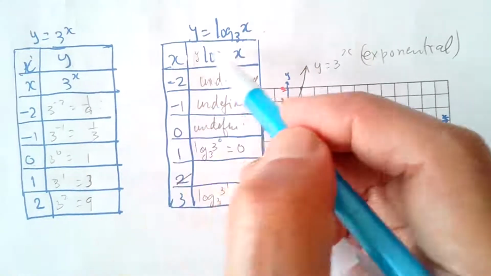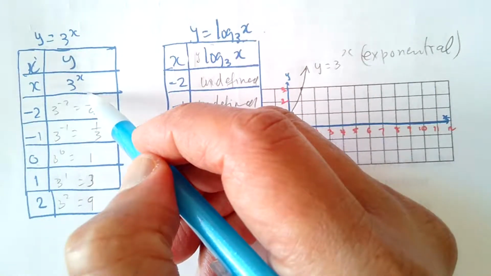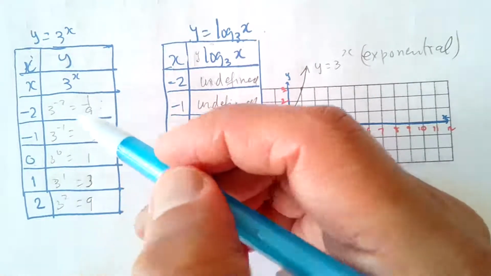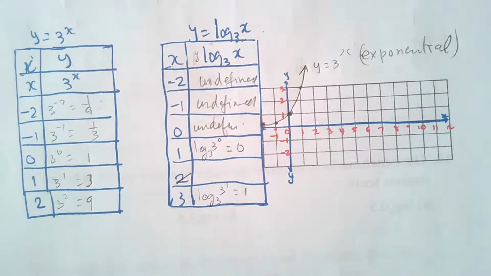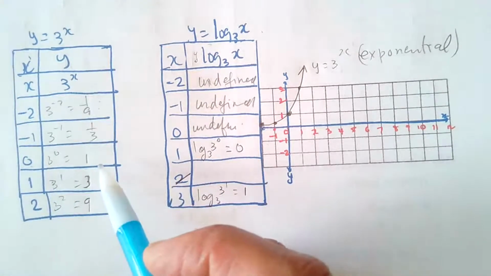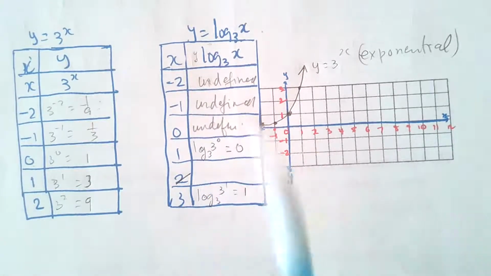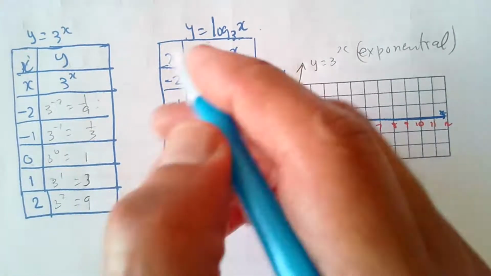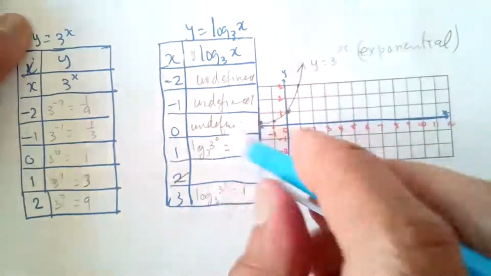So what you'll do, since we know it's the inverse of the exponential, we can use the y values from here as our x. So we'll replace all of these now.